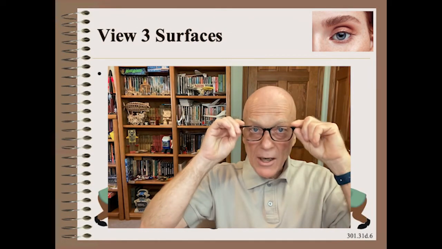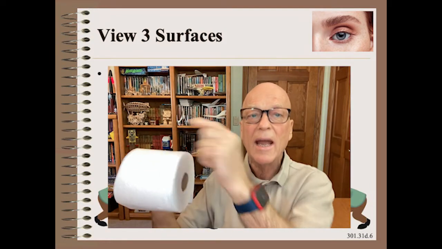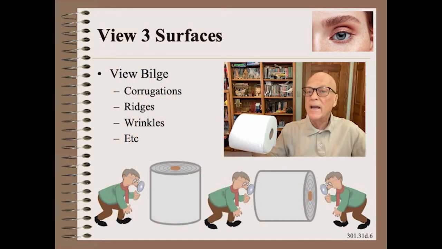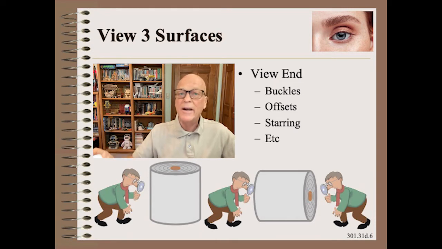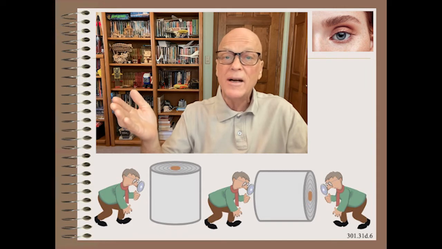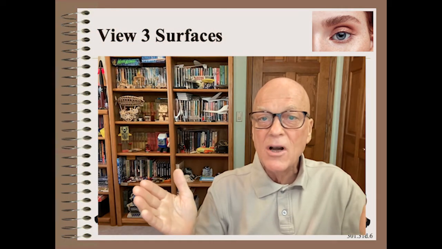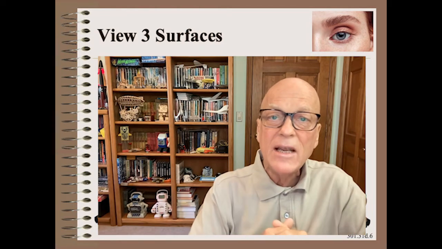We can now apply our new set of eyes to three surfaces: the bilge and the two ends. The bilge will display corrugation, ridges, and wrinkles, to name just a few. The ends will show buckles, offset starring, and others. Together, they cover most roll defects because most wound roll defects are visible to the eye. In summary, each surface offers absolutely vital information on a different set of defects.